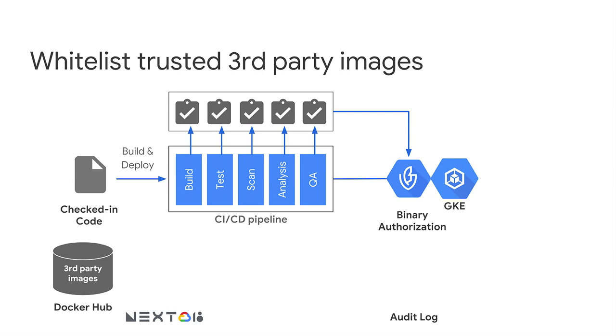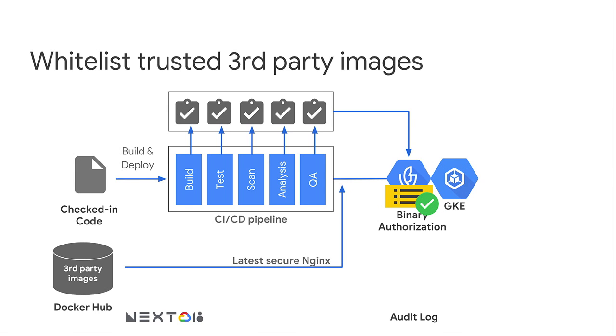So to address that issue, we support an image whitelist in the binary authorization policy. A security stakeholder could say, I want all of the Nginx instances deployed in my organization to be the up-to-date, vulnerability-free one that I deemed OK. So he would put that in the policy.